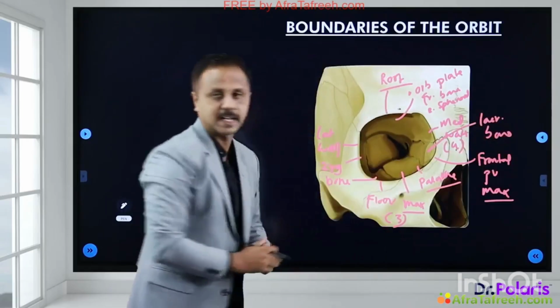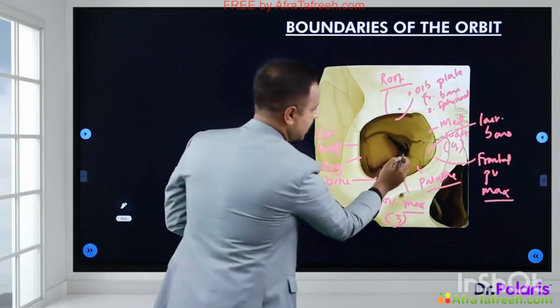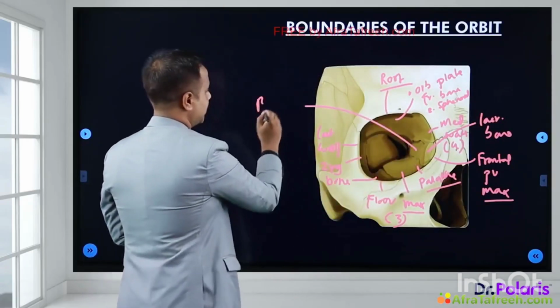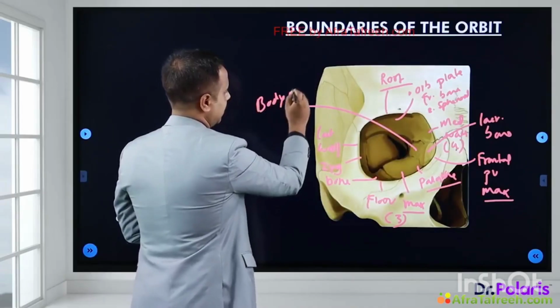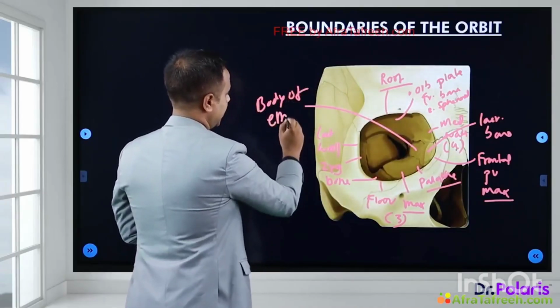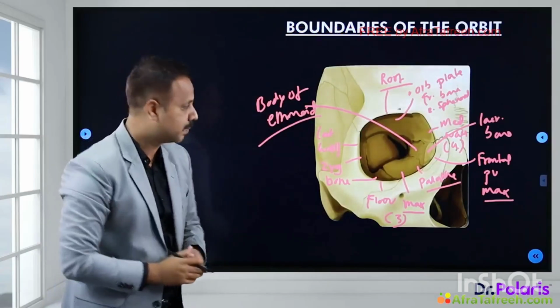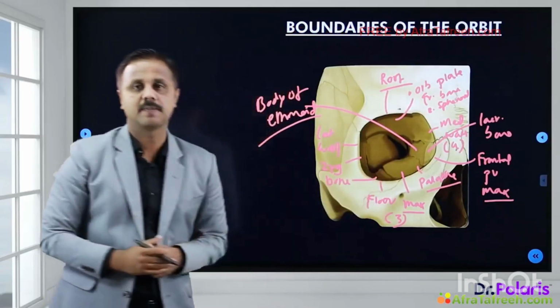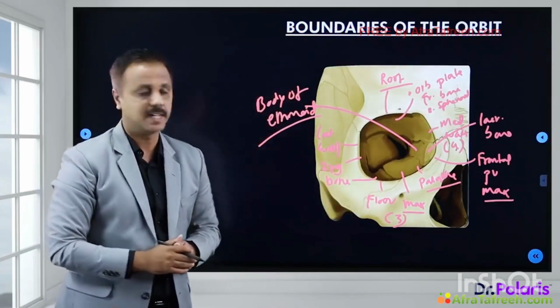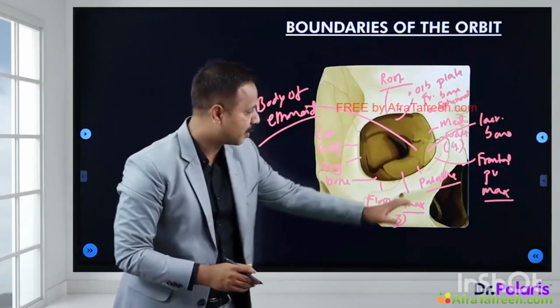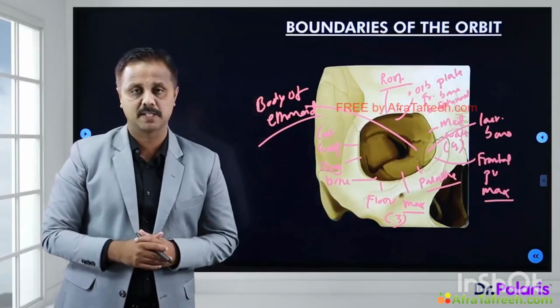That is the lacrimal bone. And more posteriorly we have the body of the ethmoid bone, or you can say orbital plate of ethmoid bone, and even more posterior we have the body of the sphenoid. This is regarding the formation of the boundaries of the orbit.